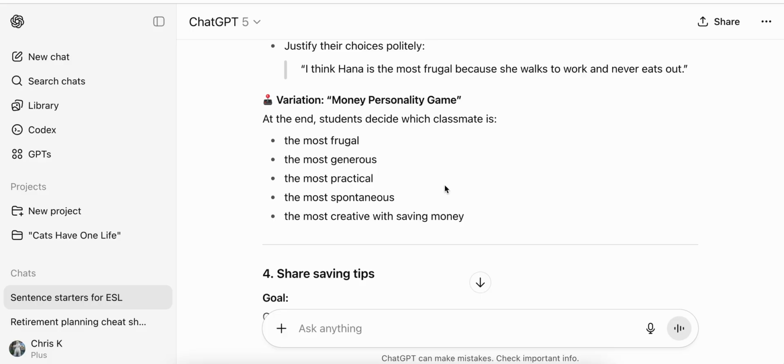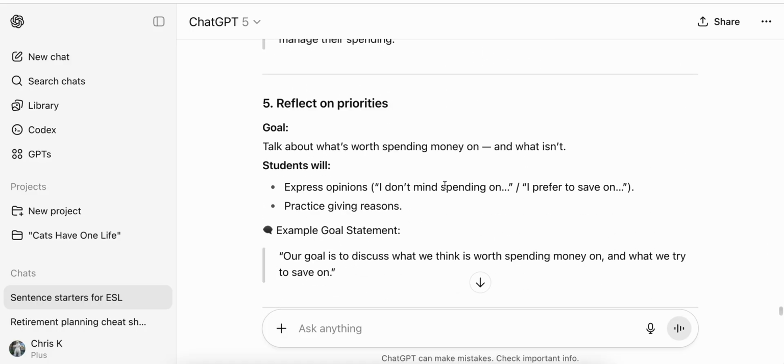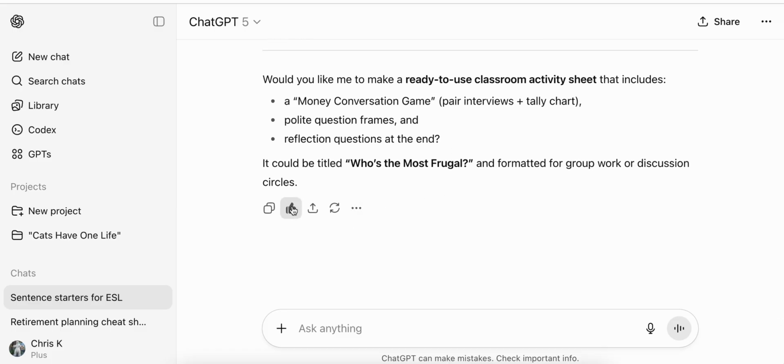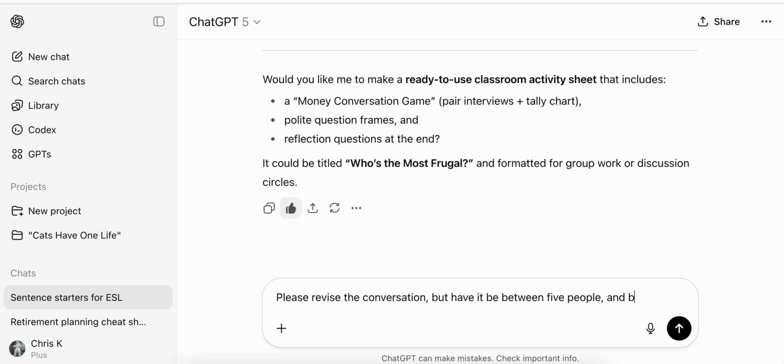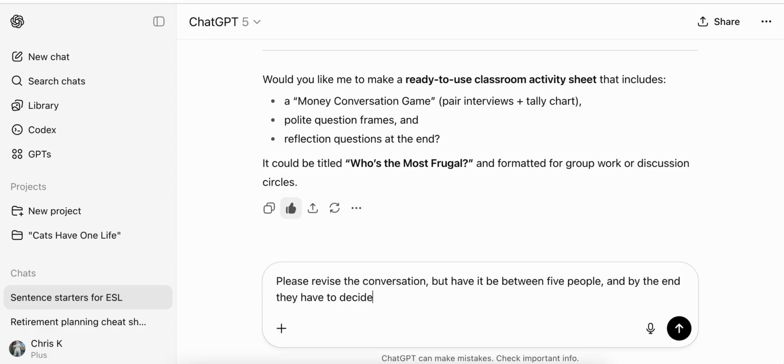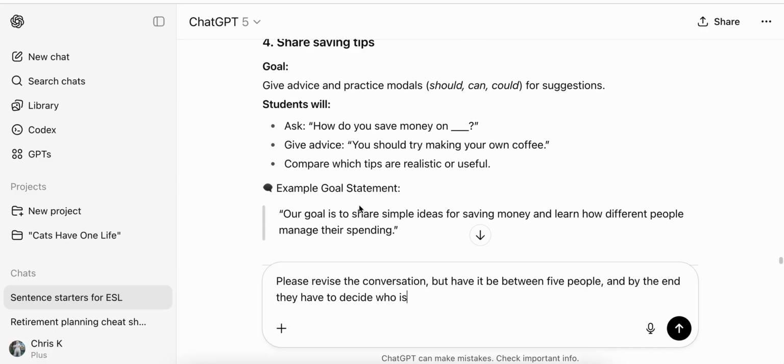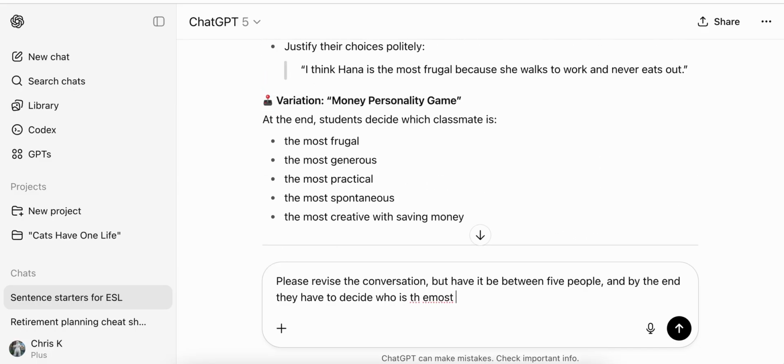Okay, so I like this idea. And I'm not going to go into too much detail here. So please revise the conversation, but have it be between 5 people. And by the end, they have to decide who is, okay, what did we say? The most frugal, generous, practical, and creative.